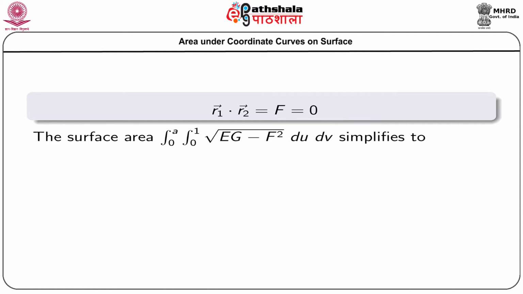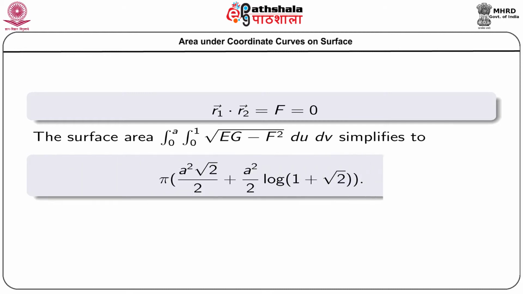So, now the area will be the integral from 0 to a and 0 to pi of root A du dv, and it will give pi a square root 2 by 2 plus a square by 2 log (1 plus root 2) square units.